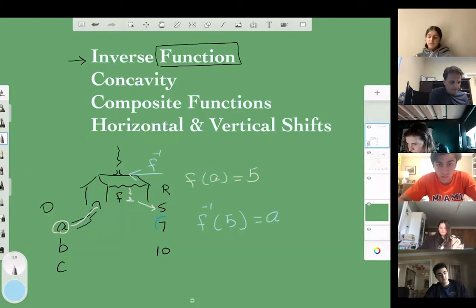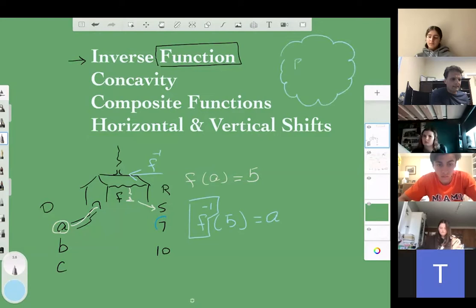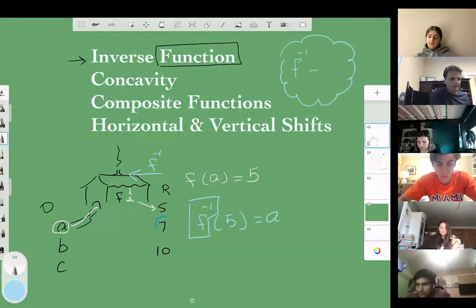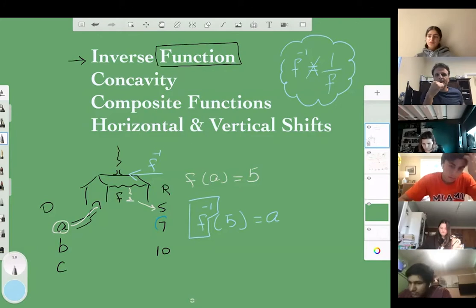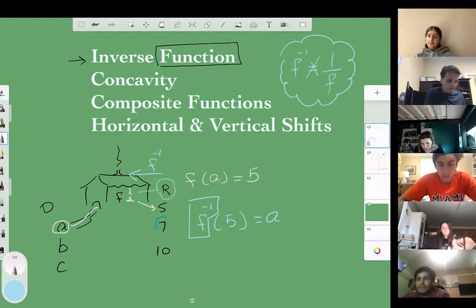Again, you need to have this in your note sheet: F inverse is not equal to 1 over F. Algebraically, when we have a negative exponent, we flip it, but the inverse function is a totally different concept. The inverse function means we have an output, and we go inside the function to see what the input was.